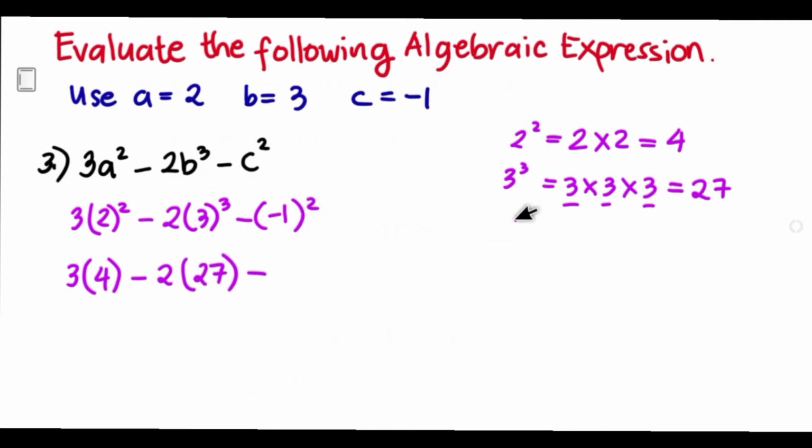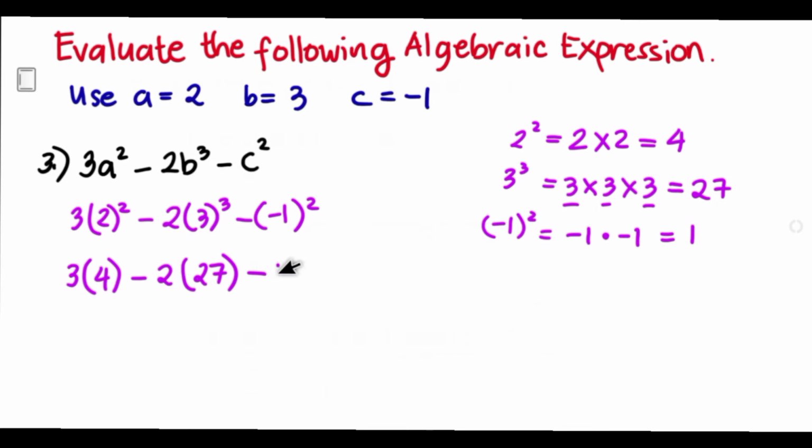Minus negative 1 squared. So, ang negative 1 squared ay, that means, dalawang negative 1 yung makikita natin as a factor. So, negative 1 times negative 1. So, since parehas po yan ng negative, automatic ang sagot ay magiging positive. So, negative 1 times negative 1 is positive 1.